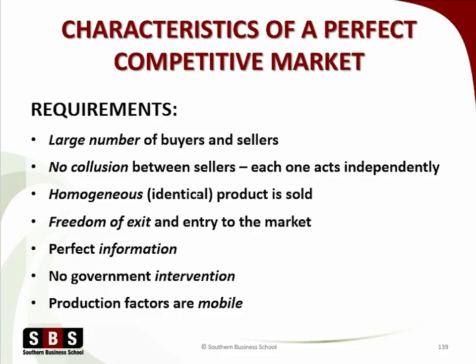So make sure that you know the requirements of a competitive market: a large number of buyers and sellers, no collusion, a homogeneous product, freedom of exit. For a monopoly it will look different. So you can draw yourself some columns for perfect market, a monopoly, oligopoly, and a monopsony. I think we do a monopsony in this. So for the market systems, just compare.